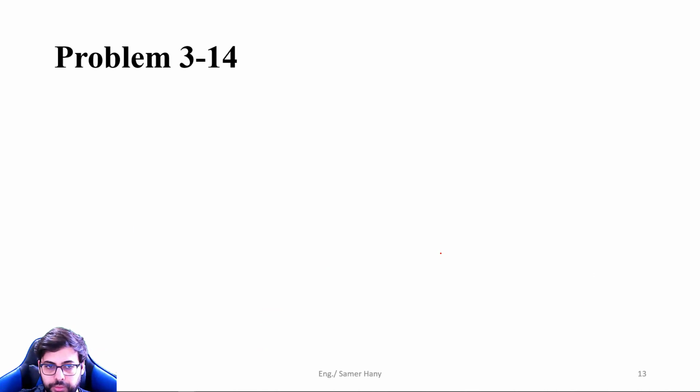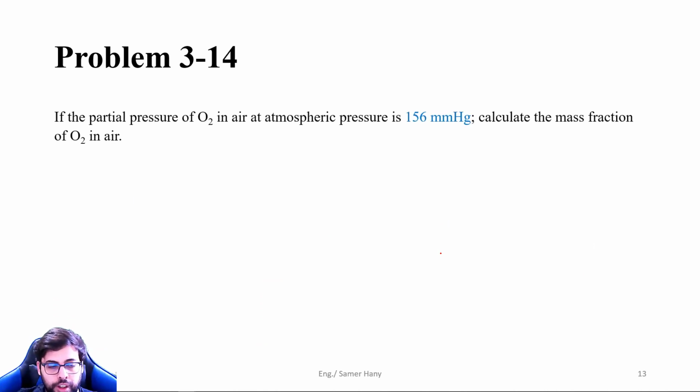Okay? Next question. This question says, if the partial pressure of oxygen in air at atmospheric pressure is 156 millimeter mercury, calculate the mass fraction of oxygen in air. So we have the partial pressure, and we can get the molar fraction for oxygen in air.